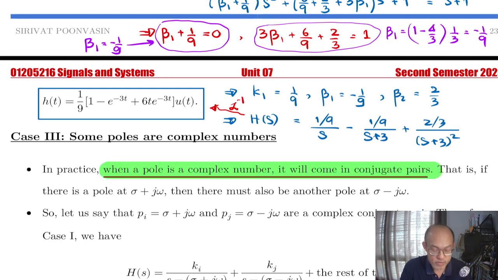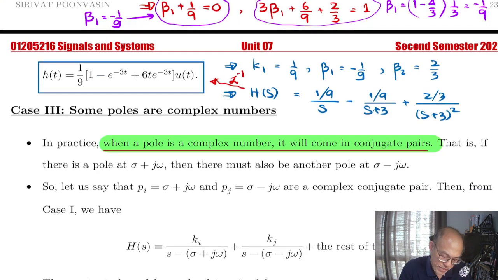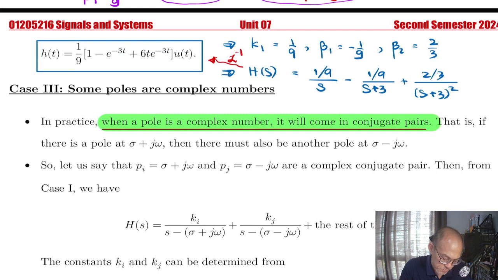You have to take this into account. Now, what do I mean by conjugate pairs? For example, if you find that there is a pole at sigma plus j omega, you know immediately that there will be another pole at sigma minus j omega. By conjugate pairs, we mean one is j omega, the other would be minus j omega.